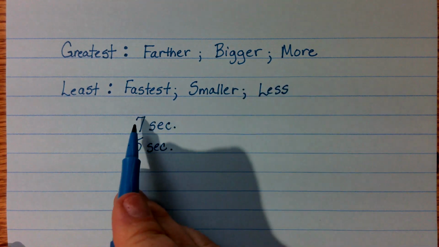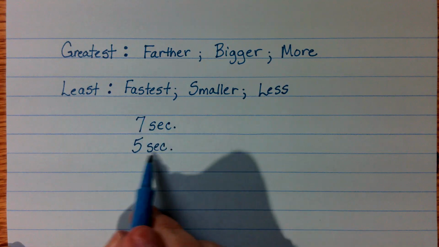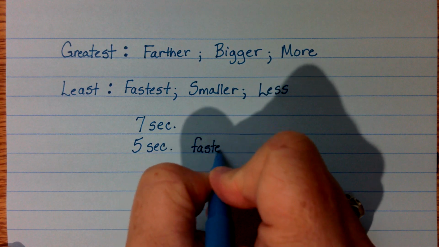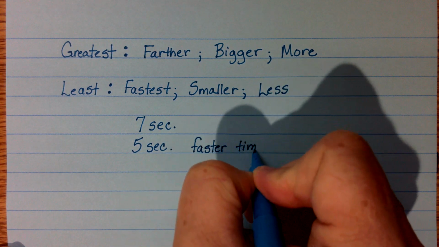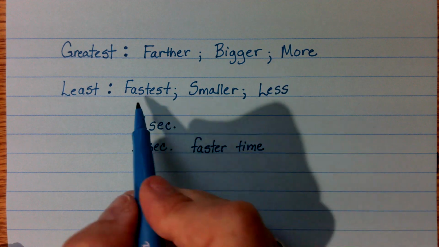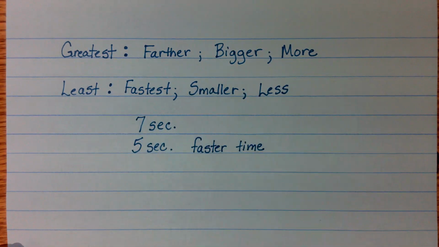Even though 7 is the larger number or the greater number, 5 seconds is the faster time. So when you're comparing time, 5 seconds is faster than 7 seconds. So the word fastest is going to tell you that you're looking for the number or the fraction or the decimal that is the least.